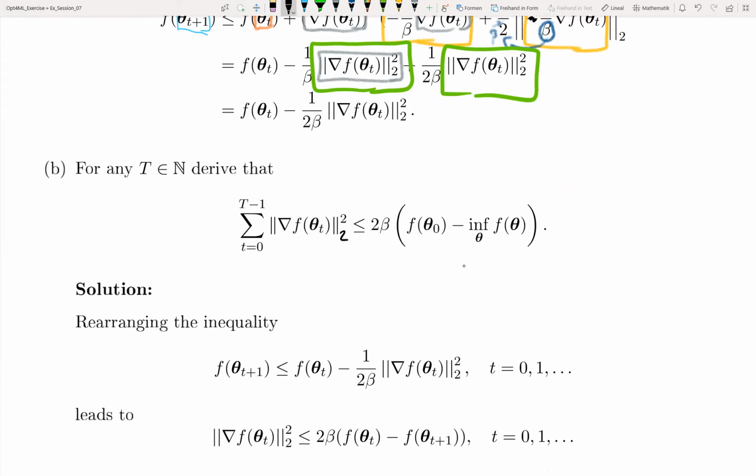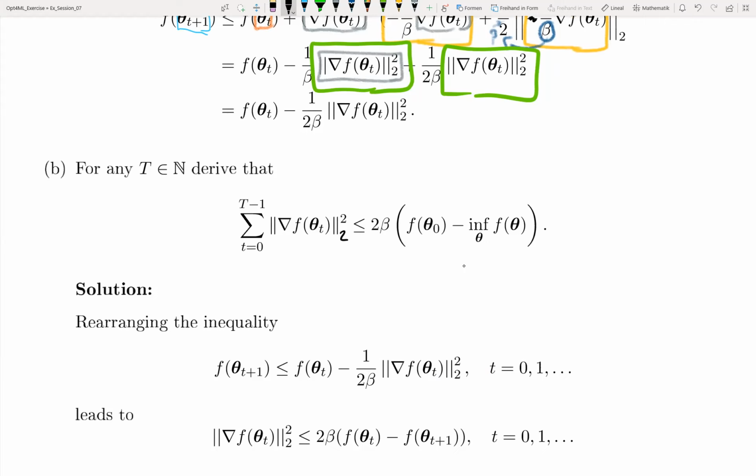If we sum over the squared gradients until some iteration number t, then this is bounded from above by 2 times beta, times the difference between the starting position and the minimum value we have for our objective function f.